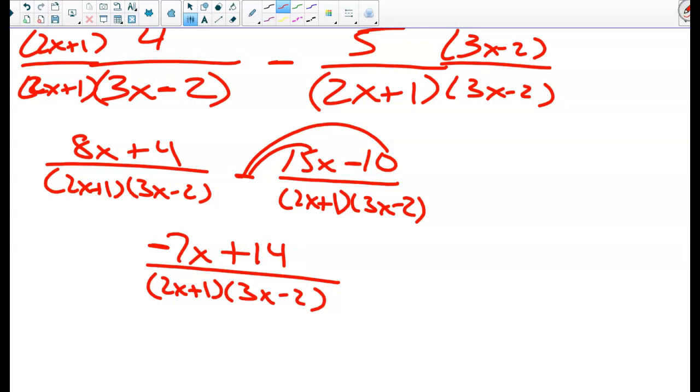Now, one other piece here. If I take a 7 out, or a negative 7 out of here, I'd be left with x minus 2. If there was an x minus 2 on the bottom, then I could simplify even more. That's why I'm not a big fan of you foiling this out. Unfortunately, the x minus 2 doesn't really cancel anything out, so I would leave it like this.